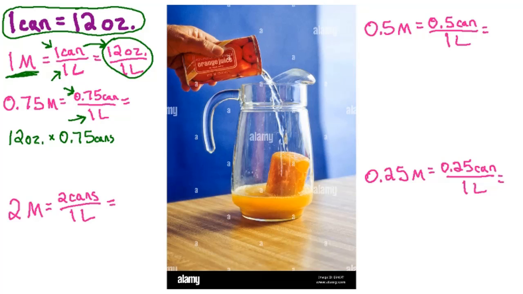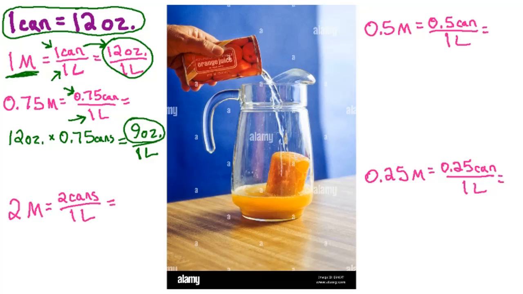And 12 ounces by 0.75 is going to give us 9 ounces. So we're going to have 9 ounces in 1 liter of water if we have 1 liter of a 0.75 molarity solution of orange juice. So that would be 9 ounces that we used.